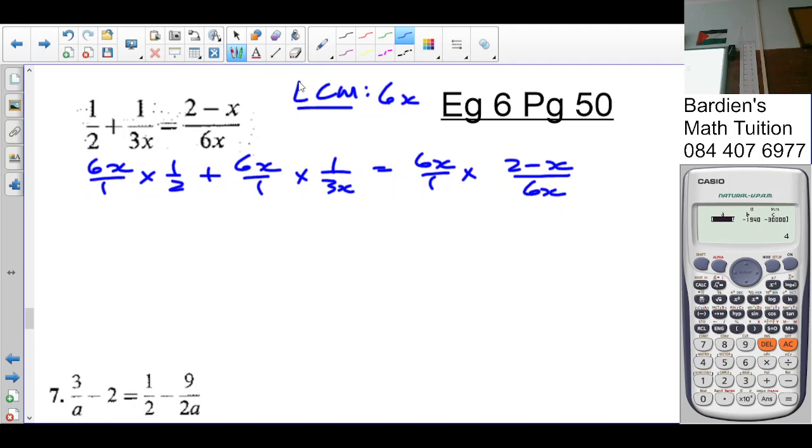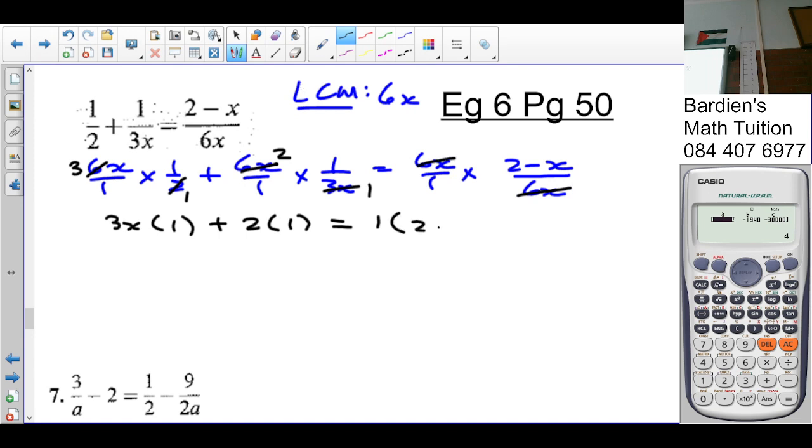Right, cover it. 2 goes into 2 once, then 2 goes into 6 3 times, so it's 3x times 1. Plus 3x goes into 2x once and 3x goes into 6x twice, so it's 2 into 1, nice. 6x cancels 6x. So it's 1 into 2 minus.